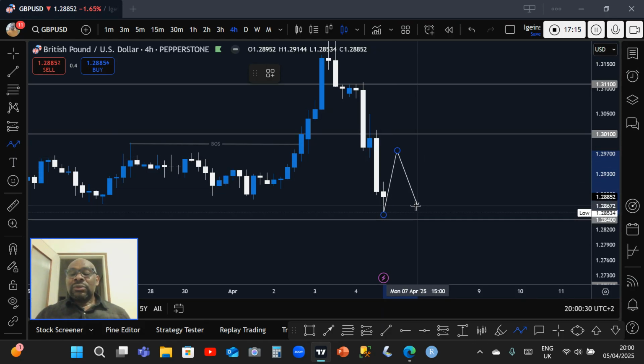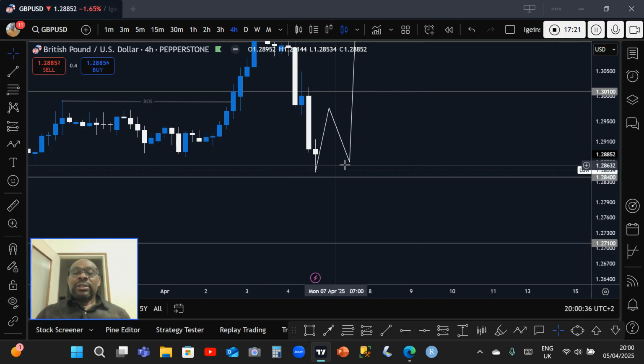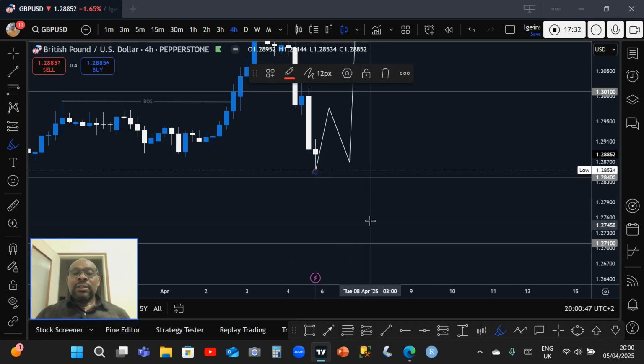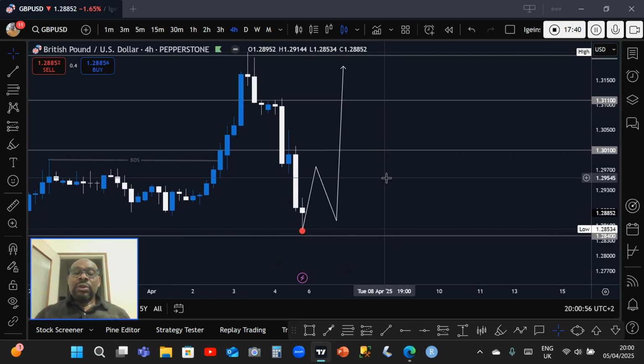Price will get to somewhere here, then push. All right. Once you notice that this push to the downside did not violate this level, then the trend is up. You see a massive push to the upside. And where are we going to target?